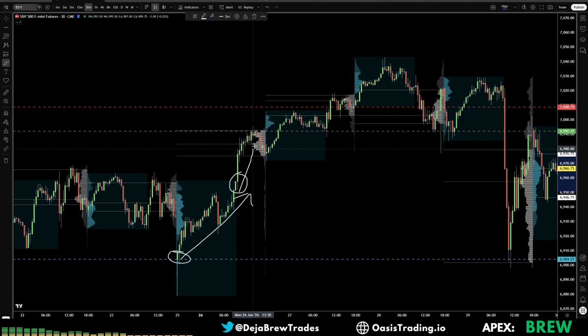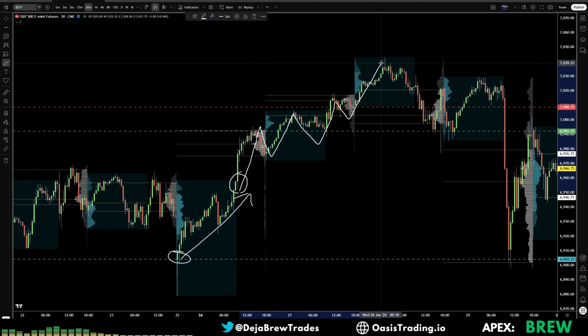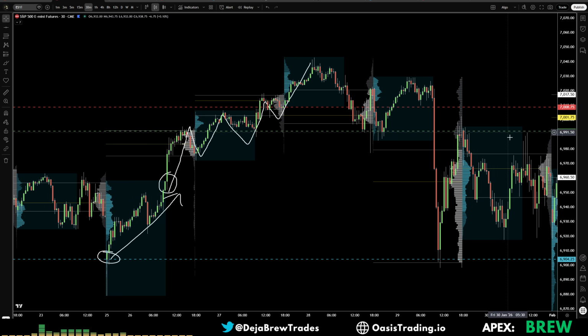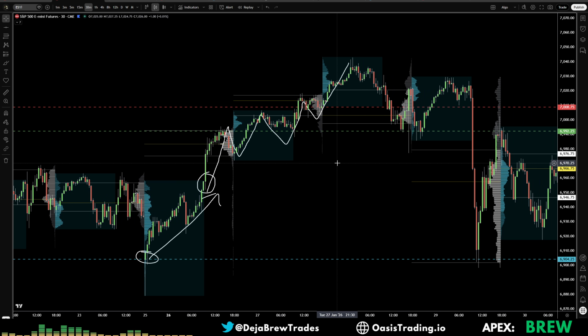As we are pushing farther and farther away from that weekly open, unless there is something very obviously driving this price, like some kind of data or major earnings or some kind of catalyst that is very heavily driving this price away from that weekly open, you really don't want to trust it too much going into the FOMC or going into the end of the week.